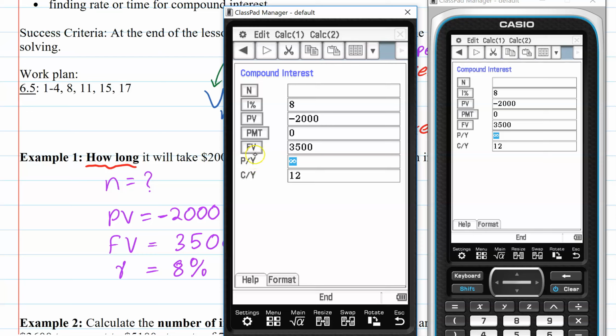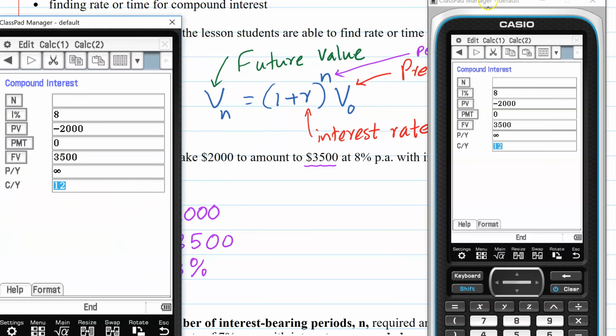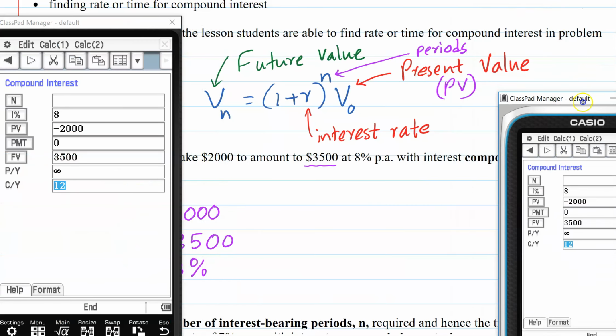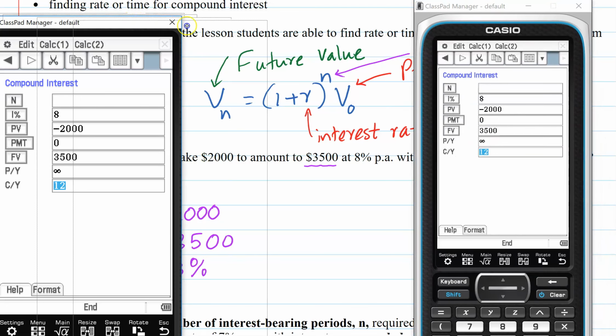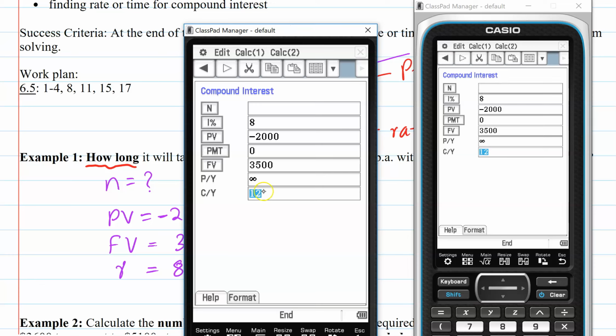Now the P per year, the payments per year, and C, which is compounded per year. Now you can see in this question, they are the two terms that we want to talk about. It's compounded annually, which means once a year. Therefore, my compounded per year has to be 1. As well, once the bank calculates interest, it will put it onto my account, which means it will be done once a year.